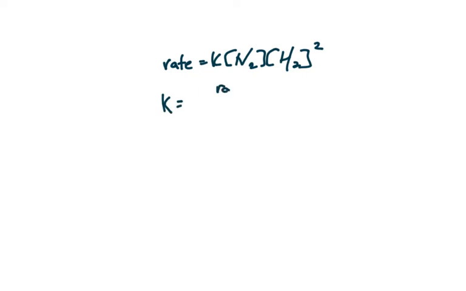So how do we find K? Well, of course, we set up our rate law. Rate is equal to K times N2 times H2, which is in the second order. We're going to solve for K. So K is equal to the rate divided by the concentration of N2 times the concentration of H2 to the second power.